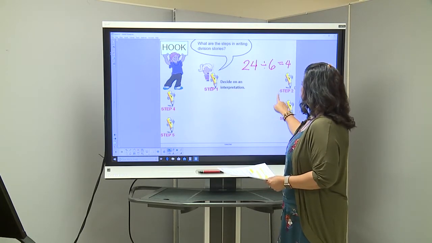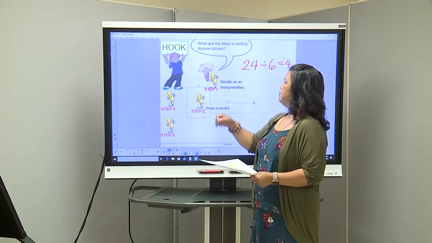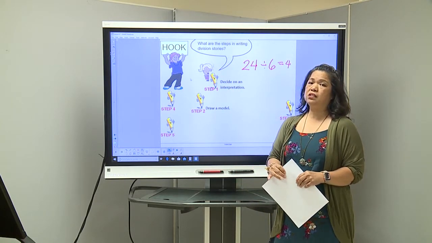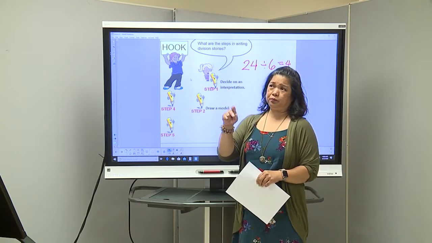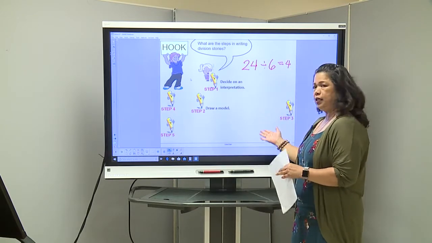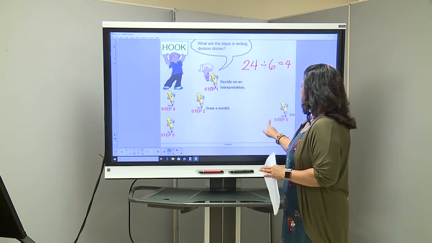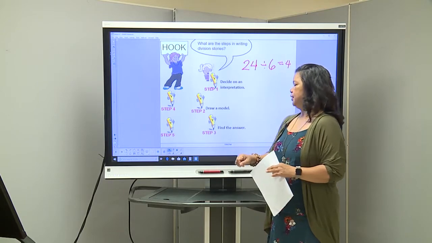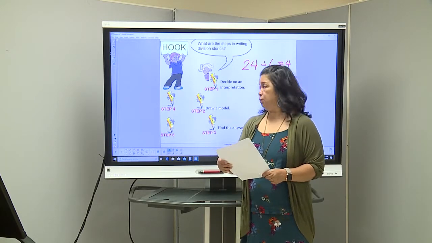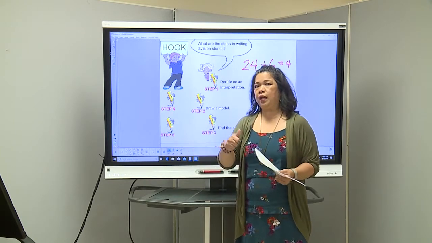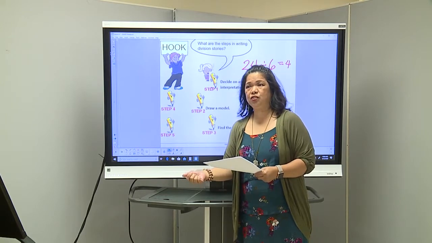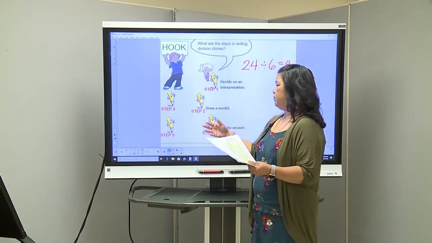Now what is step 2 in writing division stories? Of course, you are going to draw a model. In the previous lessons, we learned two models, tape diagram and a number line. So you can use whichever is appropriate for the situation. And then you find the answer, solving your division problems, whether it's fraction by fraction, or a whole number divided by a fraction, or a mixed number divided by a fraction.